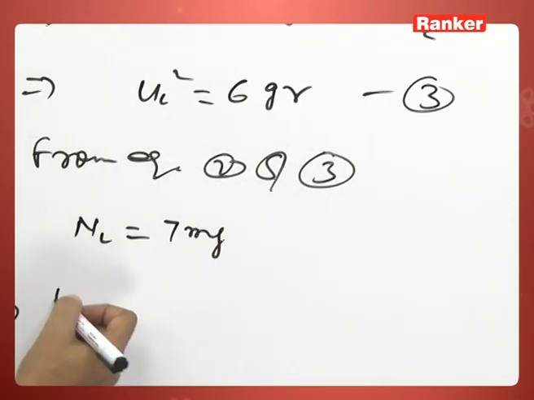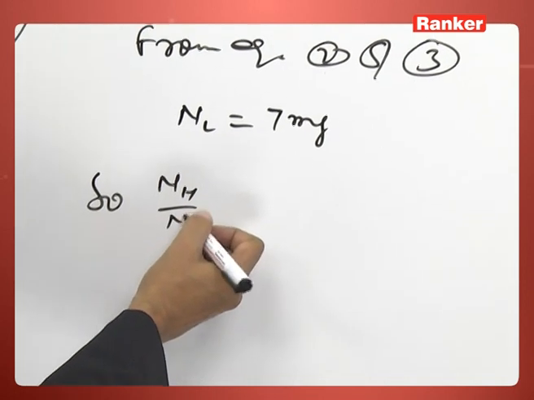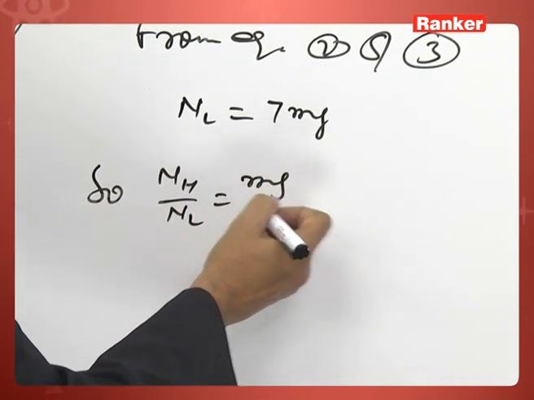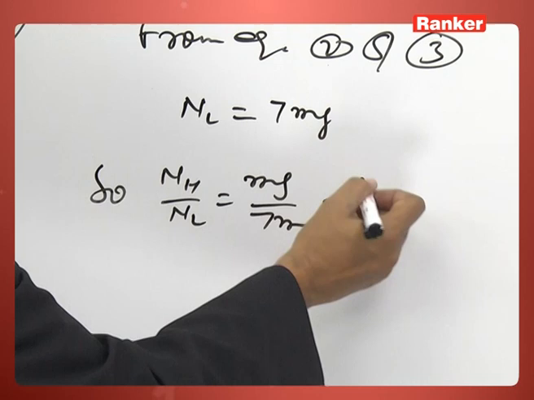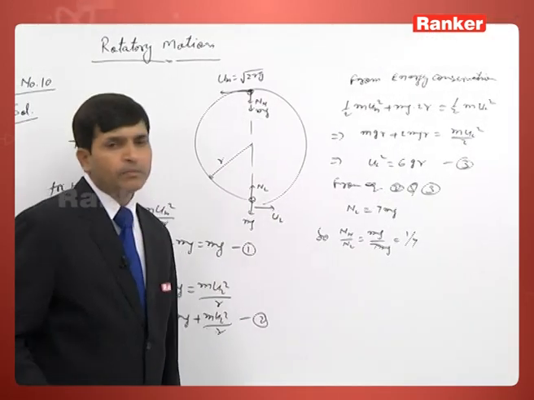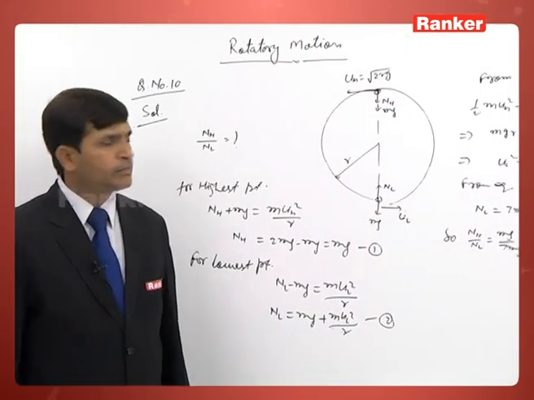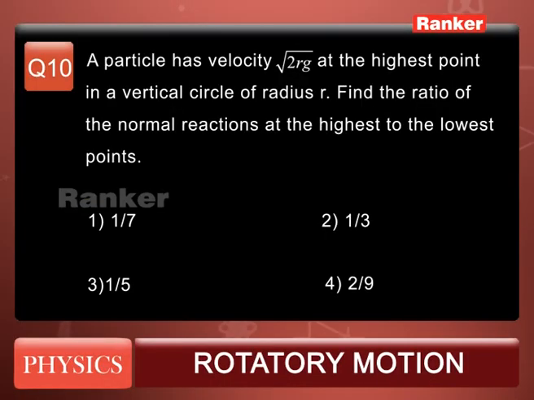So, N_H by N_L is your mg by 7 mg, which is your 1 by 7. So, our correct option is option number 1. Option number 1 is the correct option.